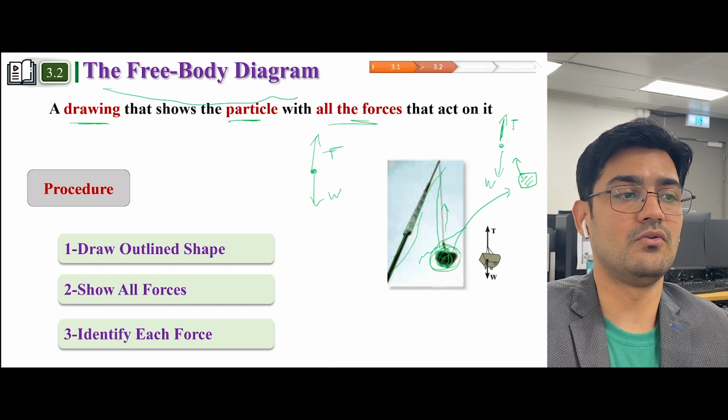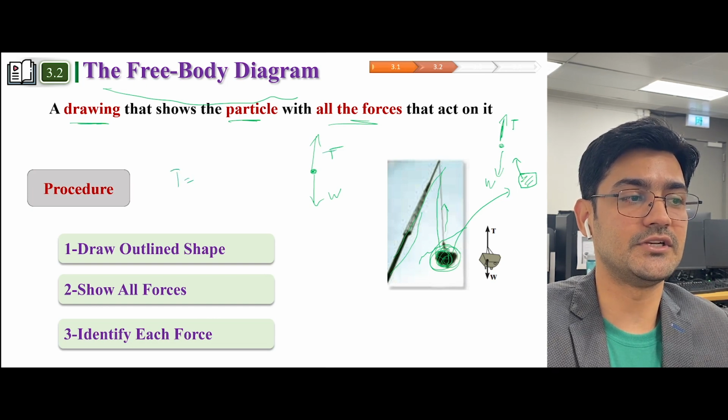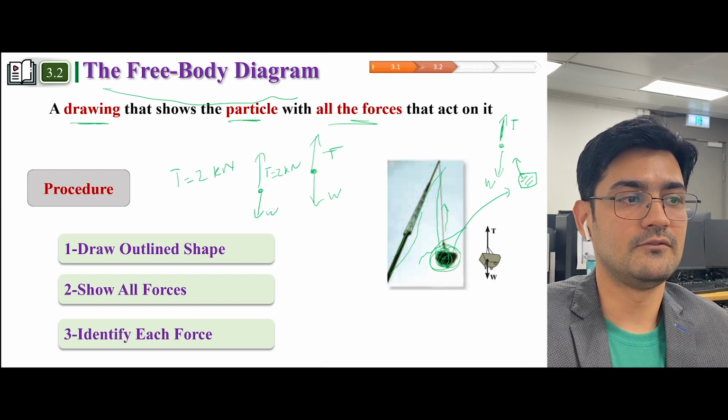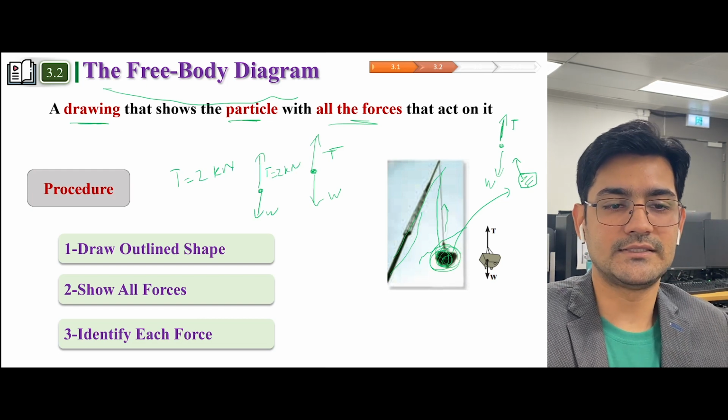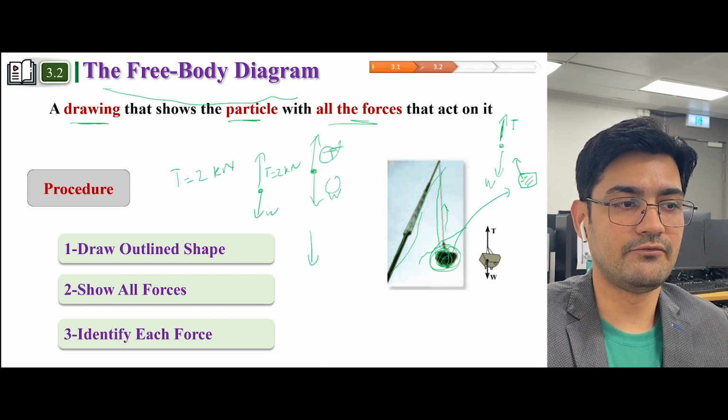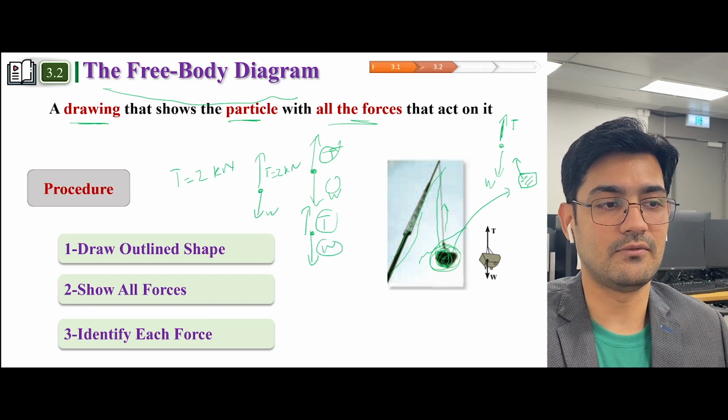For example, if we know the tension is 2 kilonewton or something, we will put the value of that force. But in our case, since we don't know the values of T and W, we can just put the letters instead of values.